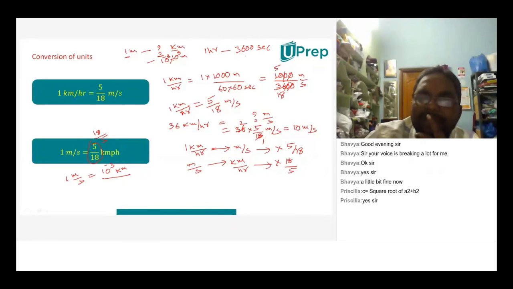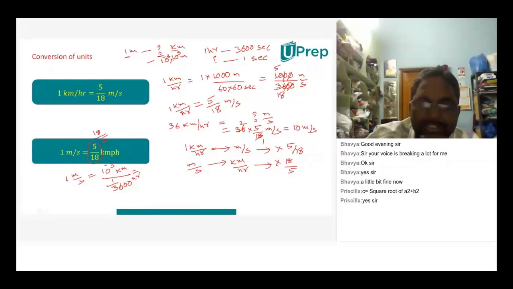Now, 1 second is equal to how many hours? 1 by 3600. So let me write here 1 by 3600 hours.